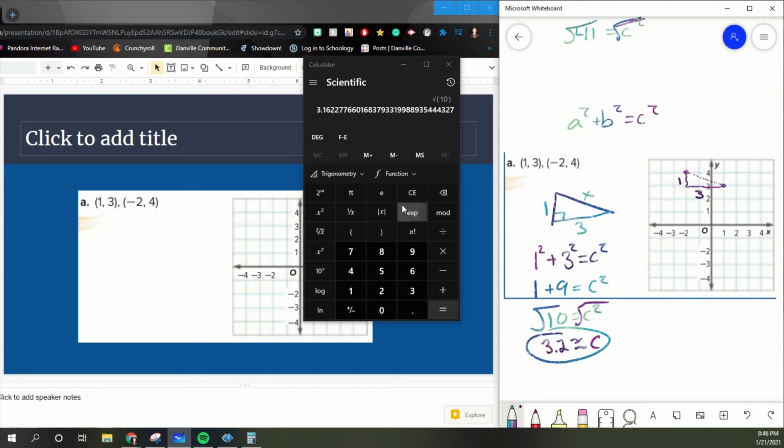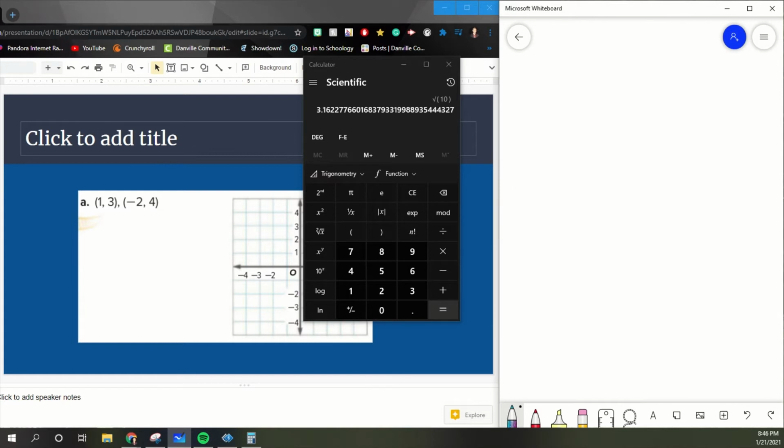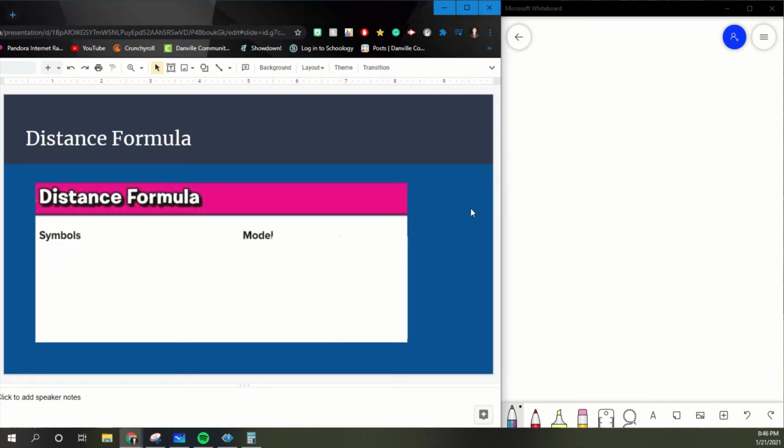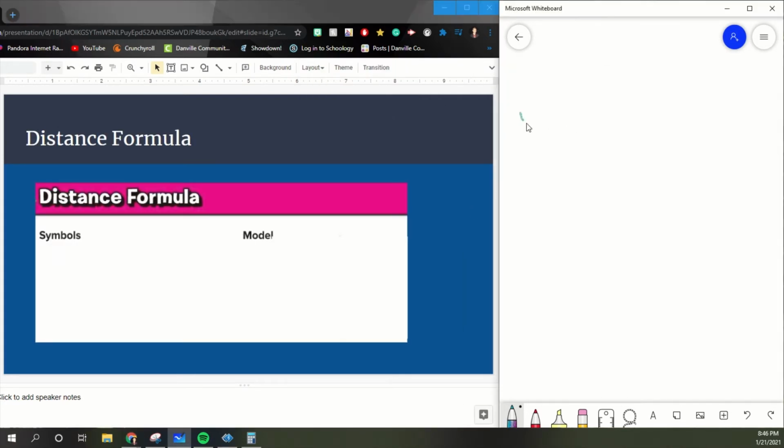Now there's another way we can solve these, and we talked about this briefly yesterday, but let's talk about it again. The distance formula is the square root of (x2 minus x1) squared plus (y2 minus y1) squared.